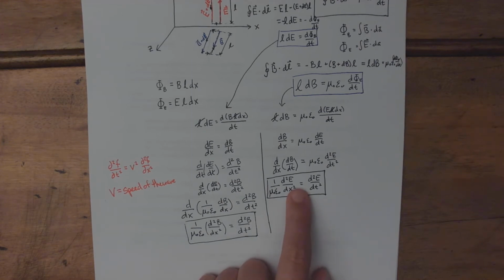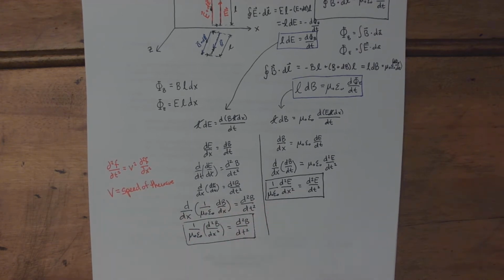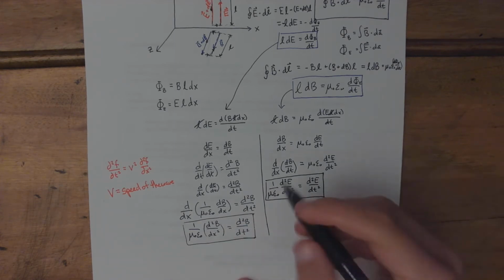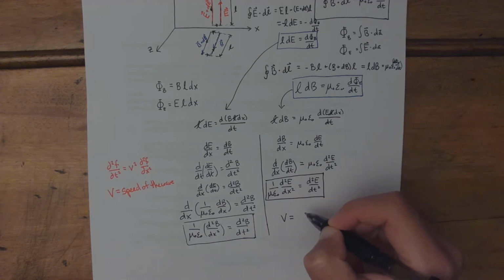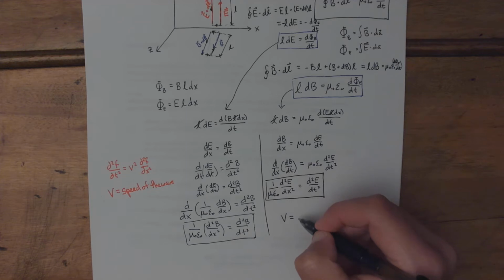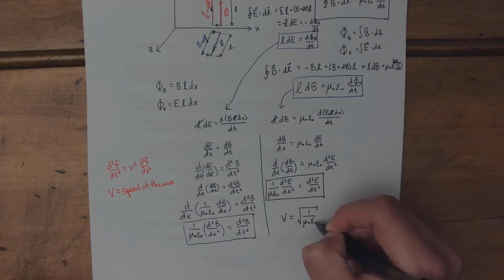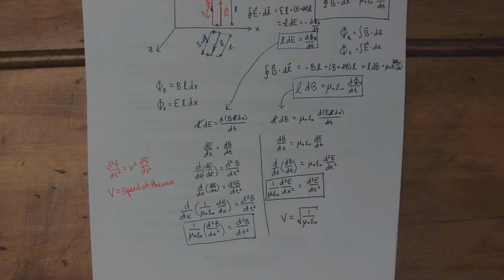Same thing here, but the electric field would be the function, but the speed would be the same. So we have two different wave equations here, and for both of them, the speed squared is 1 over mu naught epsilon naught. So the speed is the square root of 1 over mu naught epsilon naught.